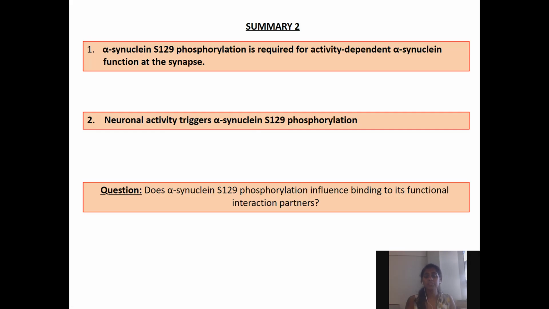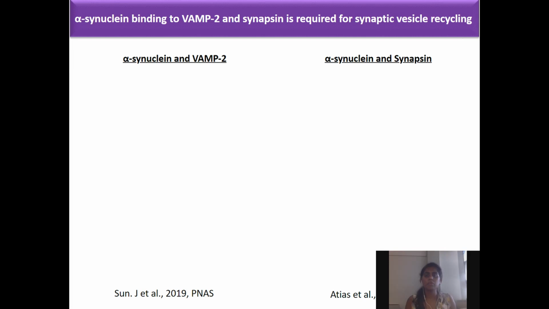So we asked if this alpha-synuclein 129 phosphorylation influences binding of alpha-synuclein to its interaction partners. The Roy lab has previously shown that alpha-synuclein binds to two presynaptic proteins, VAMP2 and synapsin, and this is required for its function in synaptic vesicle recycling.